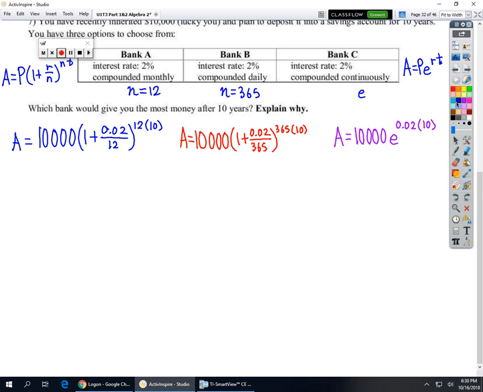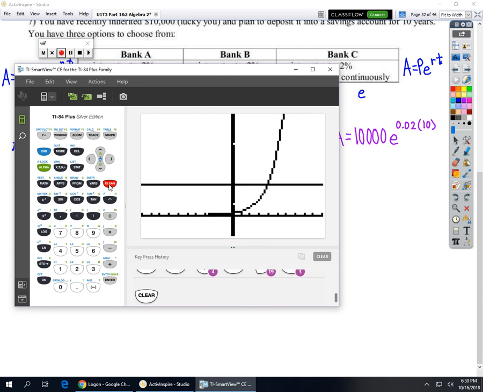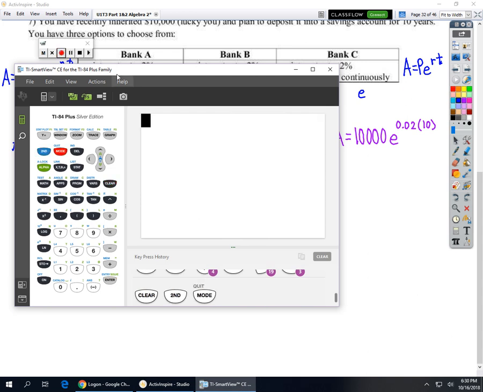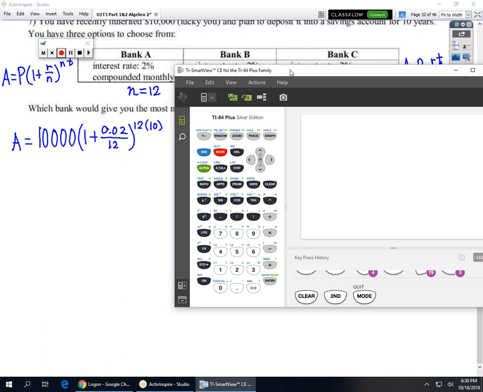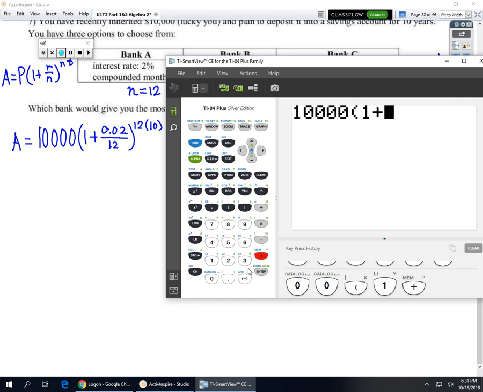So this is where the wonderful calculator comes in. All right, let's erase this graph. Let's second quit out of that graph. So, all right, 10,000, 4 zeros, good. Parentheses, 1 plus 0.02 divided by 12.